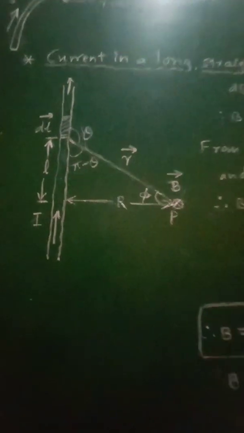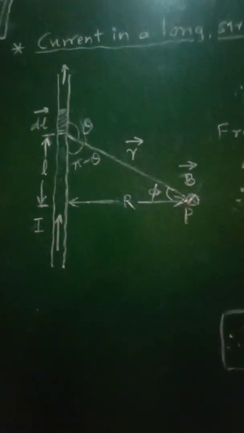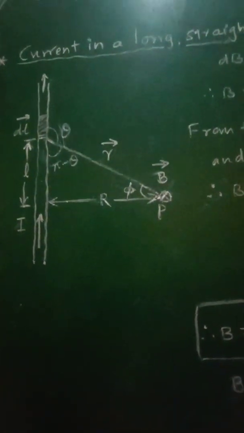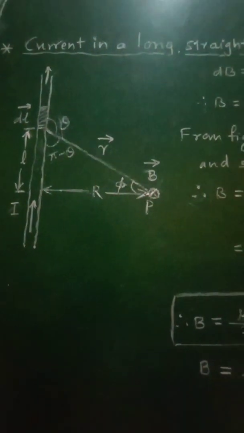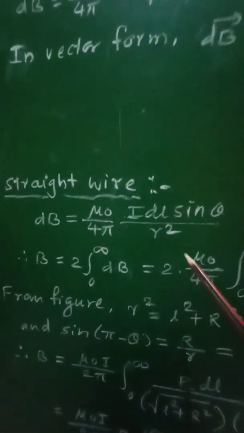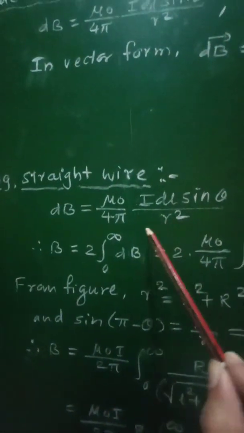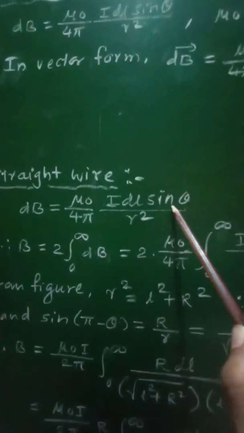Now if you consider that current element dl, the magnetic field produced at point P, suppose dB, will be given by Biot-Savart law, that is dB is equal to mu 0 upon 4 pi I dl sin theta upon r square.